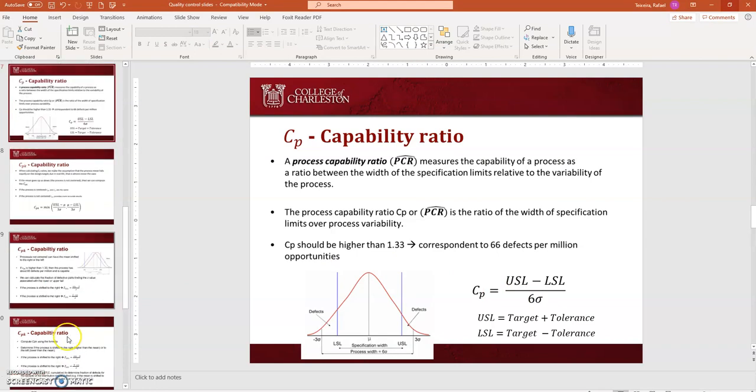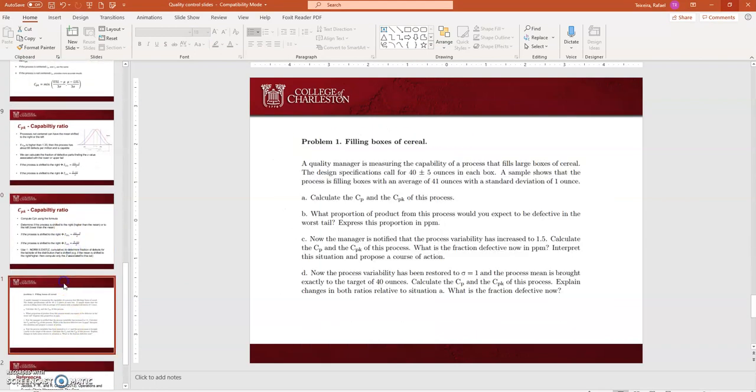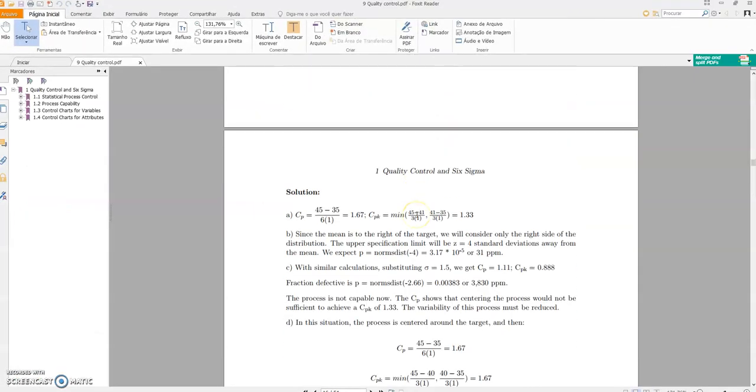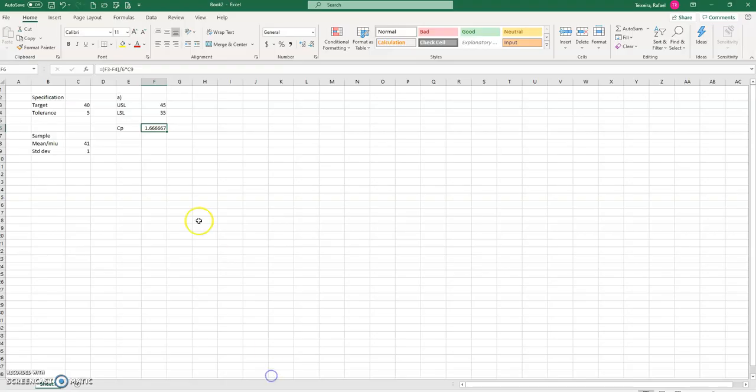So that's the formula, that's what we used, and we compute that. Let's take a look at the answer here: CP is 1.67. So we found CP 1.67.